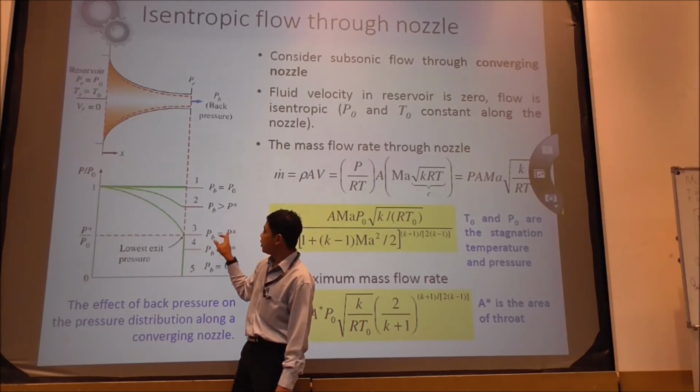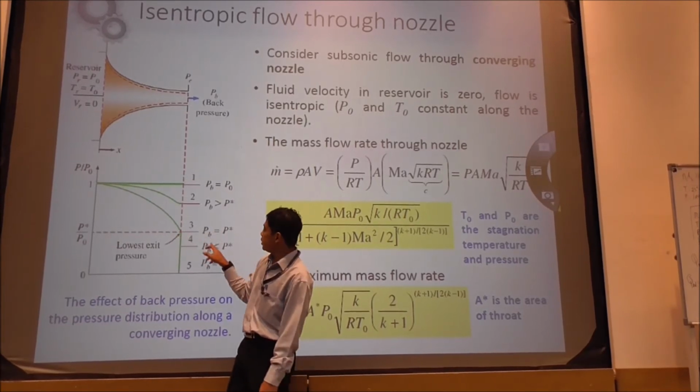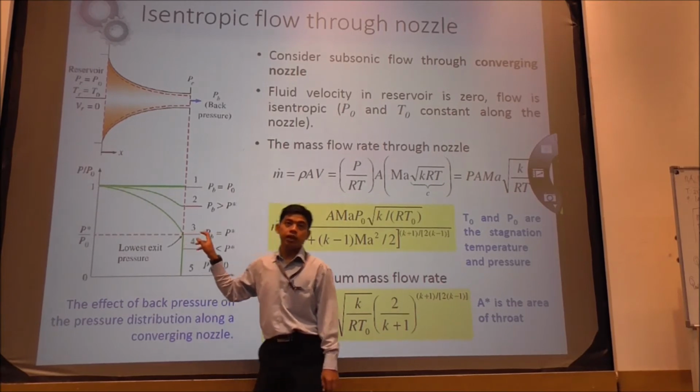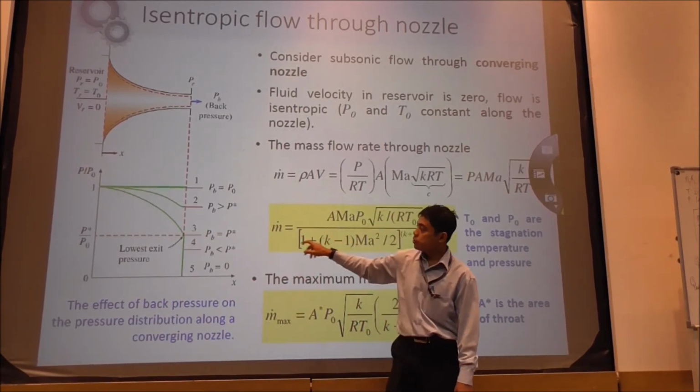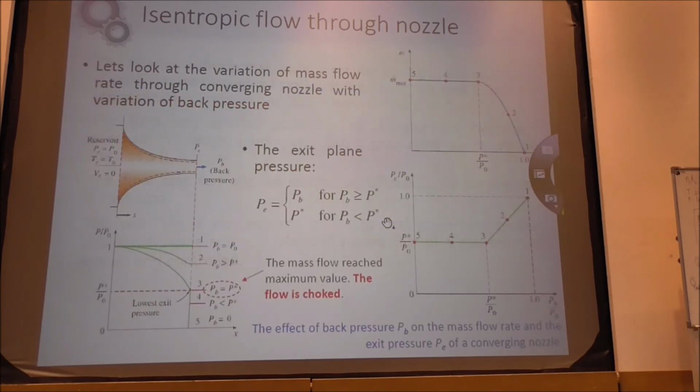In this critical condition, the Mach number at the throat will be 1. It doesn't matter whether you reduce the back pressure further, the exit pressure will be the critical pressure. So that is the lowest pressure you can achieve at the exit of the converging nozzle.